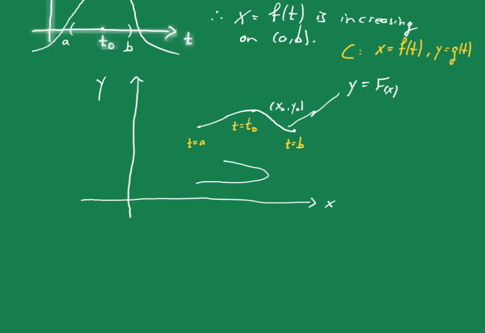We could see that for some values of x, I would have two corresponding y values, and this portion of our parametric curve would not be the graph of a function y equals f of x. But in this case, this portion of our parametric curve is the graph of a function y equals f of x, because it's not possible for us to have two y values corresponding to any one x value.